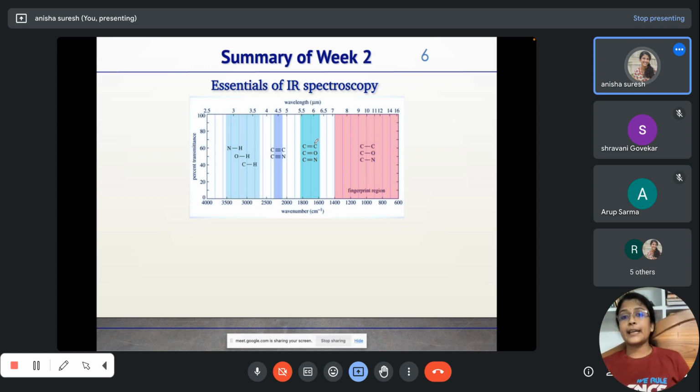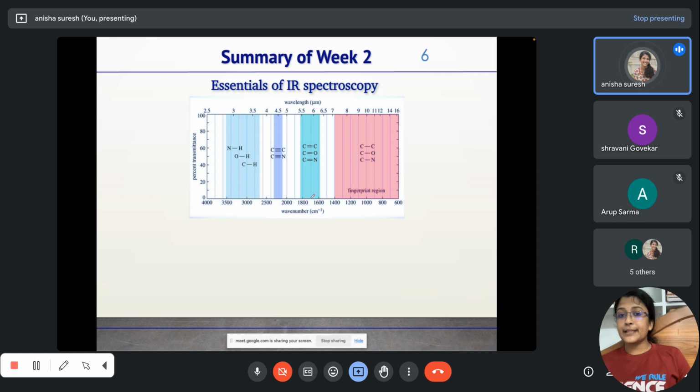If a double bond is present, C double bond C, C double bond O, C double bond N, the frequency will be increasing, as we have seen in the equation.